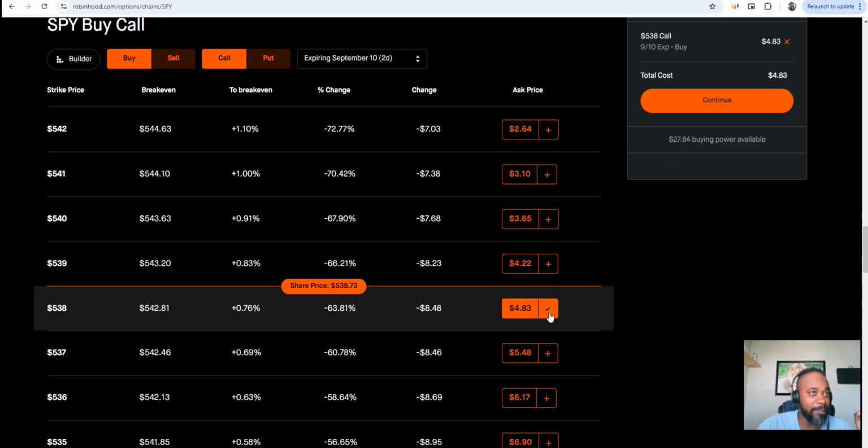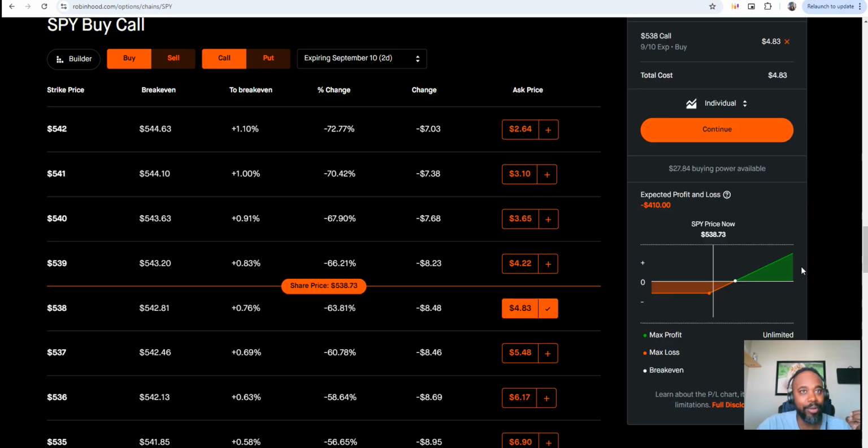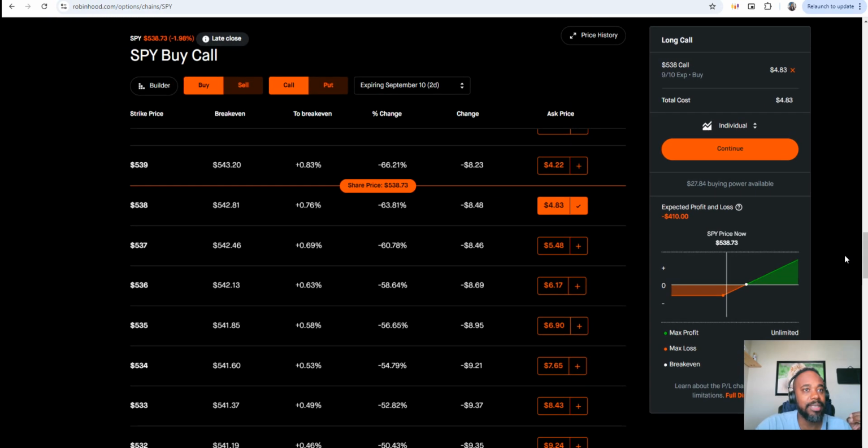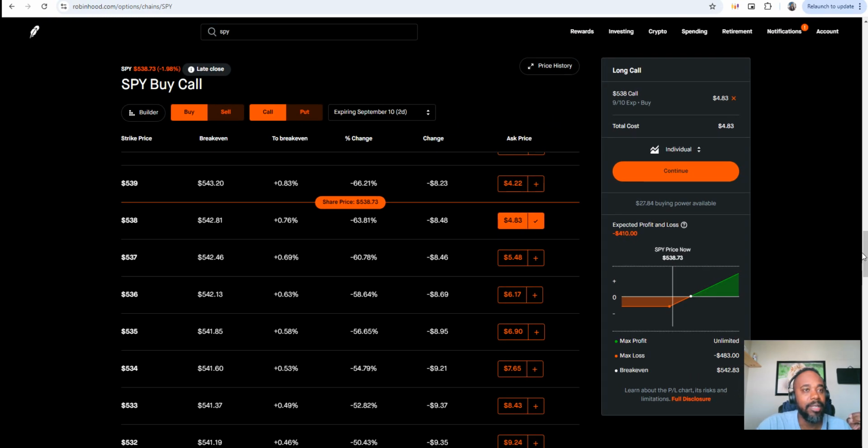So if you click here, you notice on the right, it shows you, let me zoom this out a little bit. There we go. So you notice on the right, it shows you exactly what happens here. If this thing continues to go up, guess what? You can make $300, $600, just depending on how aggressive it moves.